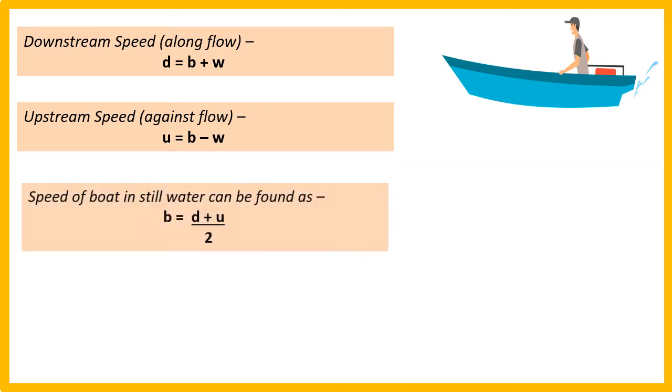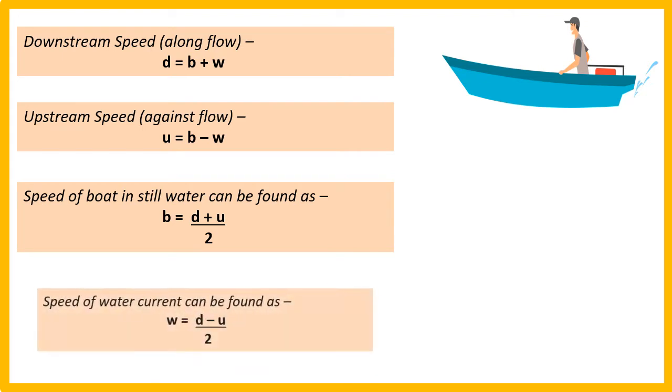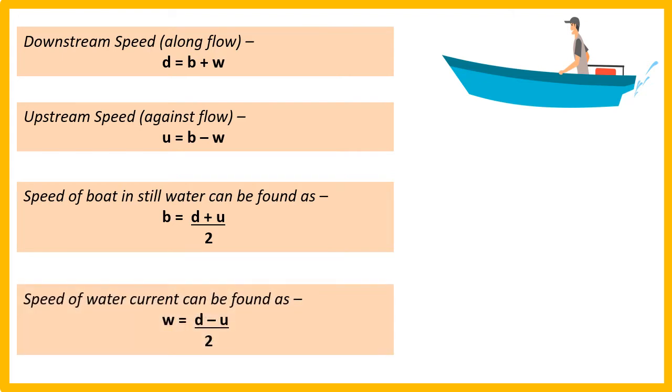If we want to calculate the speed of boat in still water, अगर हमें downstream और upstream speed पता है, then that is nothing but the average of downstream speed and upstream speed, d plus u divided by 2. Similarly, अगर हमें downstream और upstream speed का पता है, we can find out the speed of water current by this expression: downstream speed minus upstream speed divided by 2. Please remember these four expressions as they will be used in solving the problems.